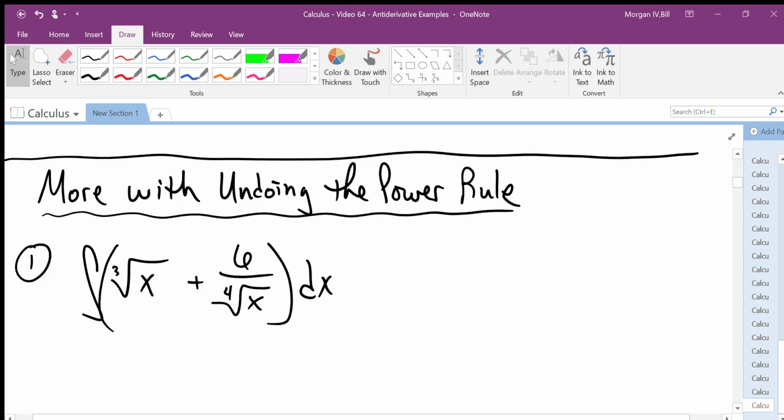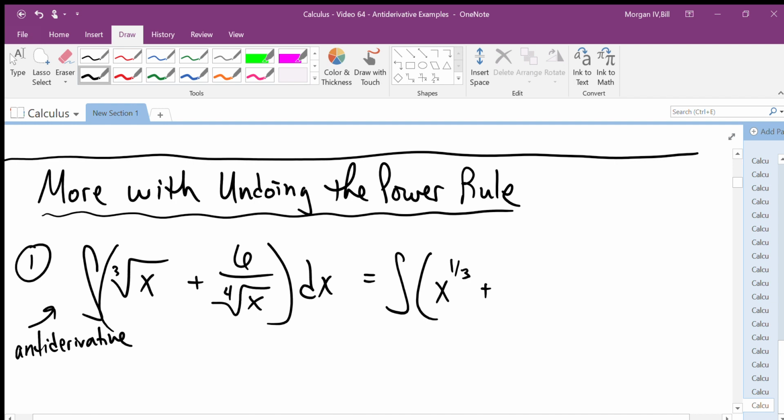All right, so the first thing I'm going to do for this antiderivative, and you see the integral symbol here, which means we're taking the antiderivative, is I'm going to rewrite this in the same way I would have done if it was taking the derivative. So the cubed root of x, that is the same as x to the 1/3, plus I have 6 divided by the 4th root of x.